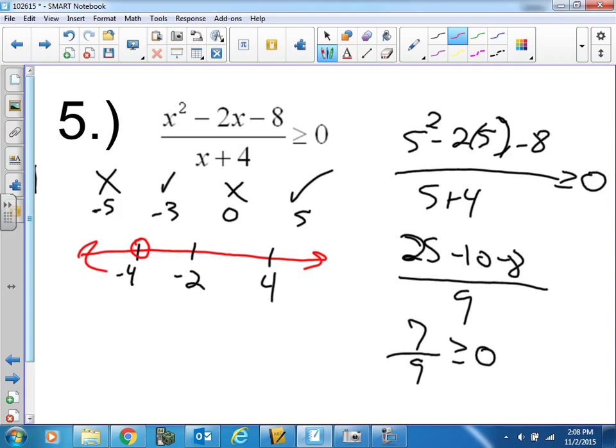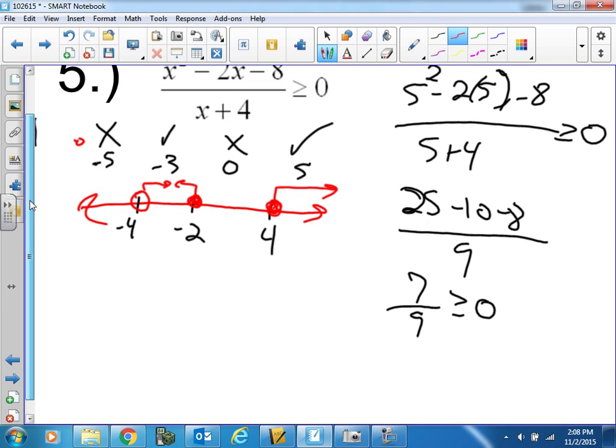If we look at our interval here, when we checked it, that didn't work. But everything from negative 4 to negative 2 did. So negative 2, you would need a filled circle. But negative 4, you will not, because it will make the denominator undefined. So we have that. Then from negative 2 to 4 does not work. But from 4 to infinity does.